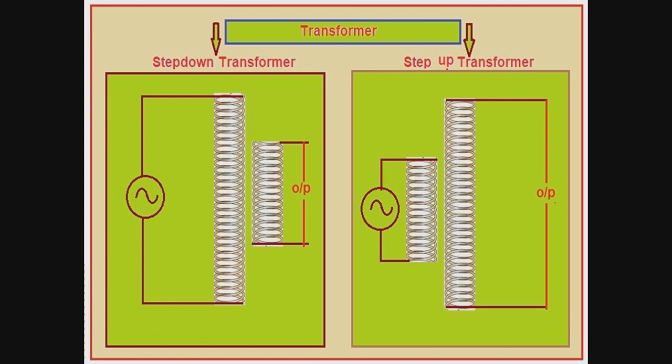In a step down transformer, high voltage is reduced to lower voltage as per our requirement. 230 volt is converted into 3 volt, 6 volt, 9 volt, 12 volt, 15 volt, 18 volt or 24 volt, like this.